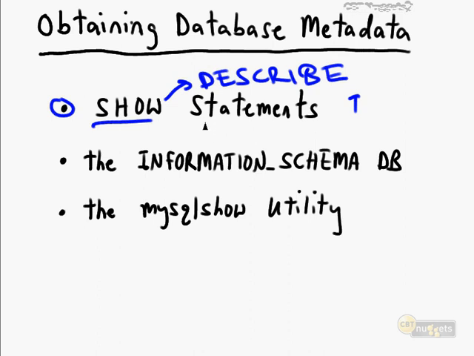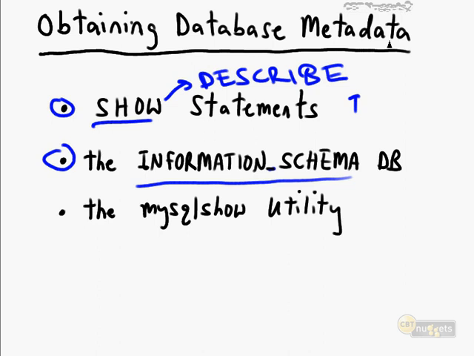These are more complicated questions that certainly can't be answered with the show and describe statements. There we're going to need to turn our attention to a built-in virtual database called information_schema. This is a standard ANSI ISO construct, and it provides an interface for metadata.